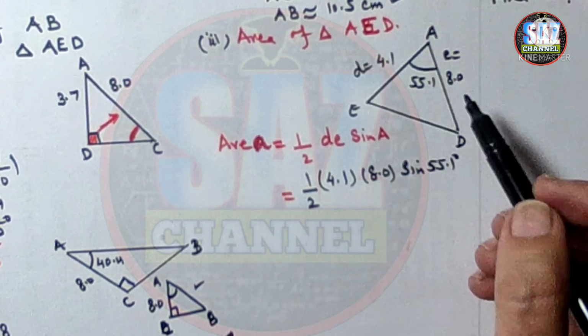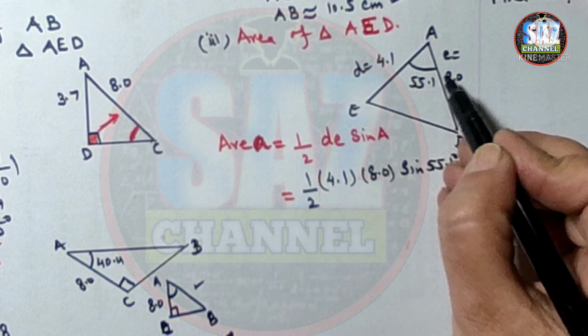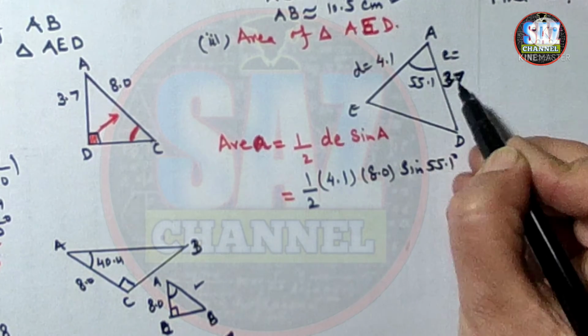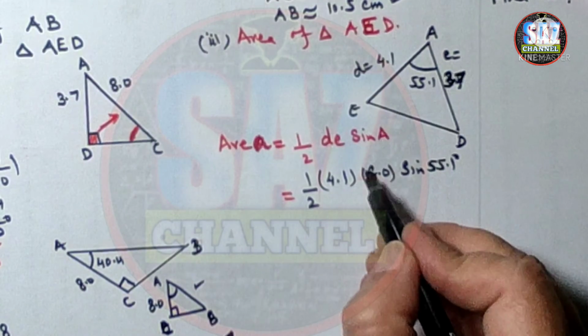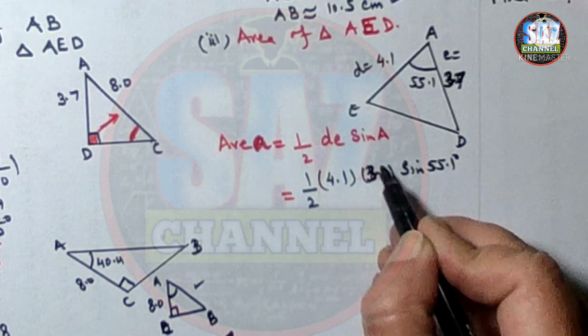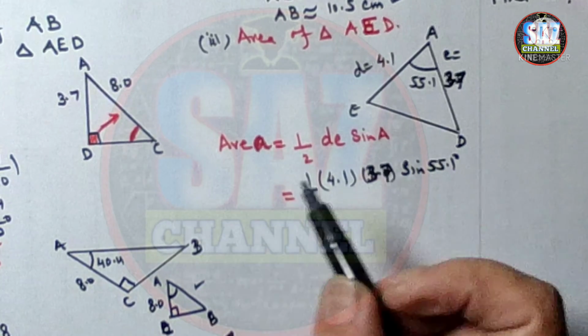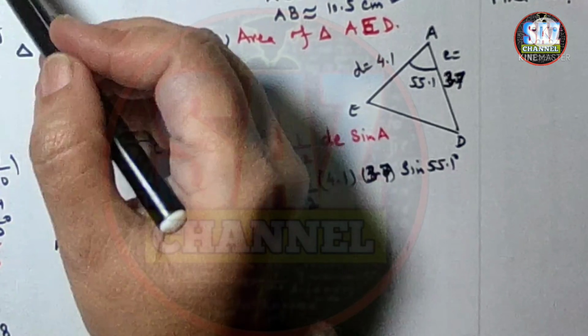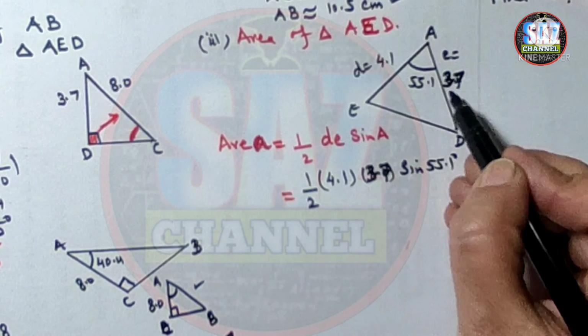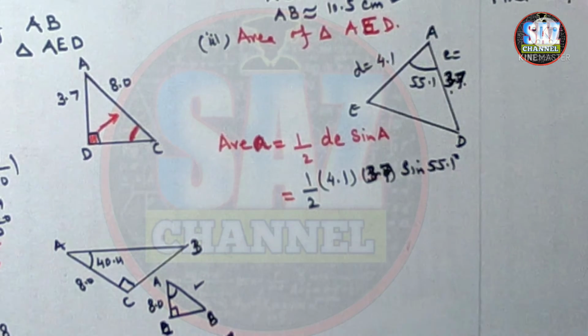Sorry, this is 3.7 here, because this side is 3.7, and let me correct it over here as well, 3.7. Look, we are taking this triangle, and in this triangle this side is 3.7, so always recheck your calculations.